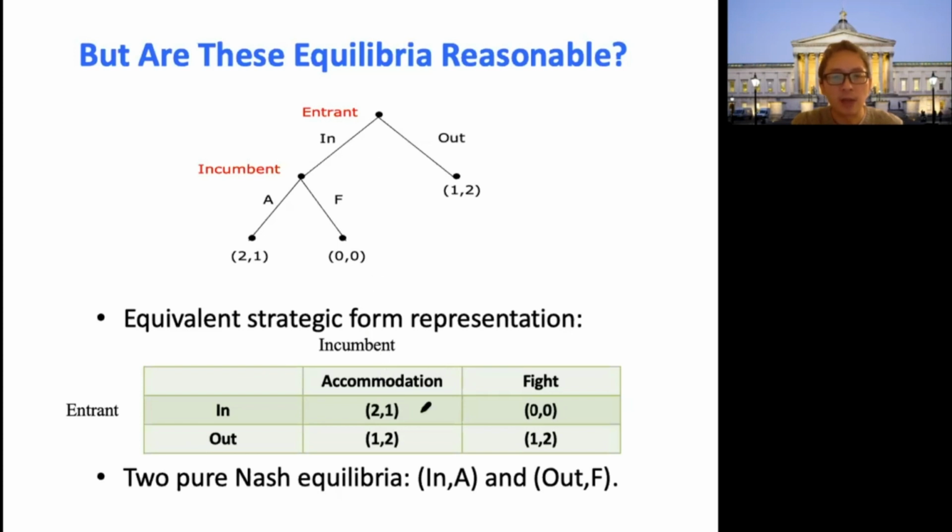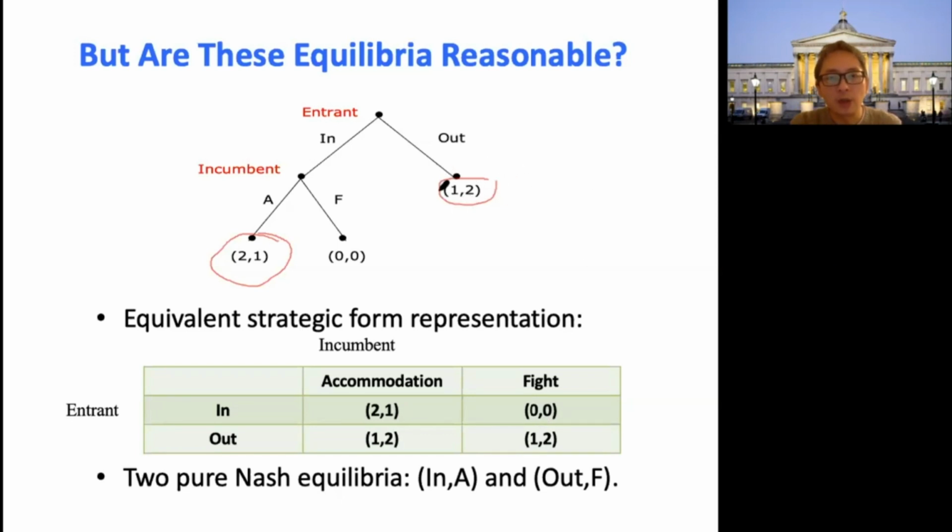So let's say we convert to that. You will see accommodation, fight, in, out. And in this case, you've got these 2 equilibria: basically this one, and Out, F. Out, F is also an equilibrium.